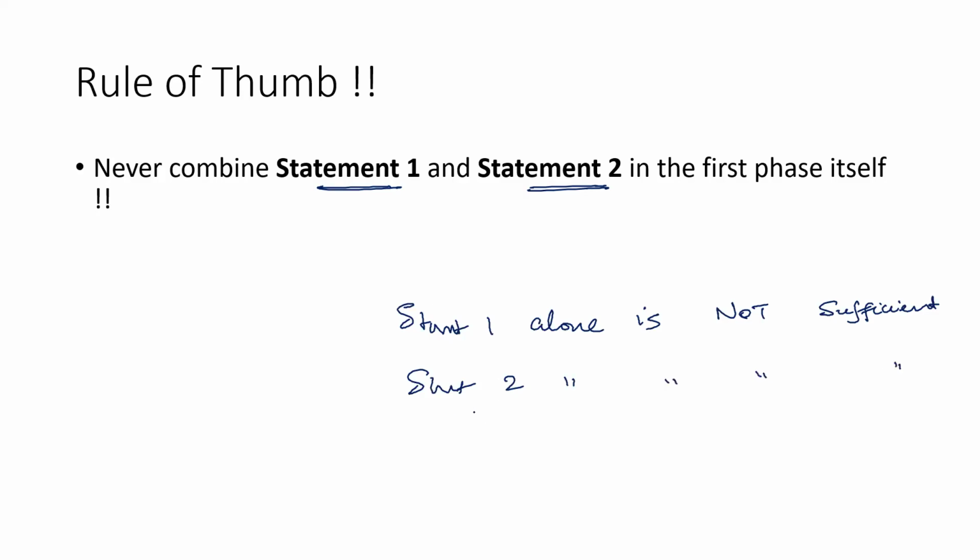Only at that stage, when you are sure that individual statements are not sufficient to answer the question, will you combine statement 1 and statement 2 together. You should not combine them in the upfront first phase itself. I hope this is clear to you.